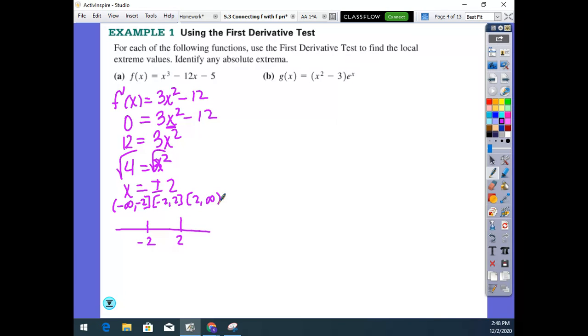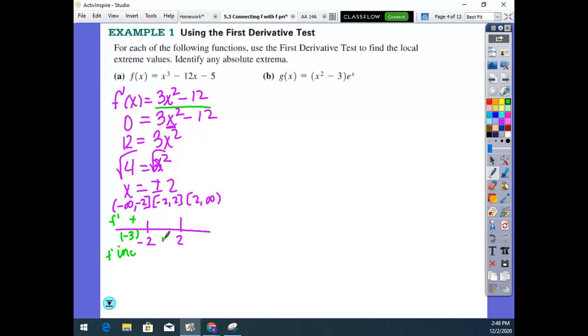Then we're going to consider F prime and plug it back into the derivative. Best choice here is negative 3, plug -3 back in. That'll be 27 minus 12, positive, which means F is increasing.